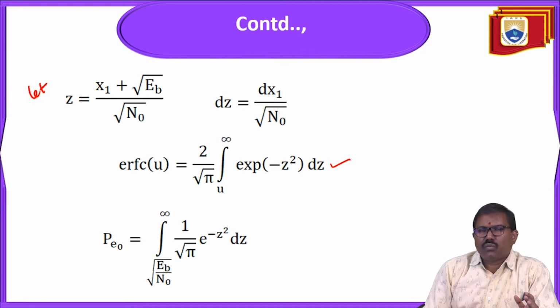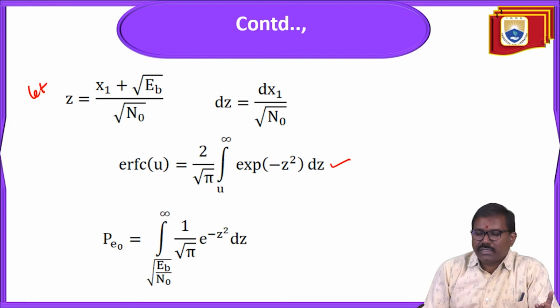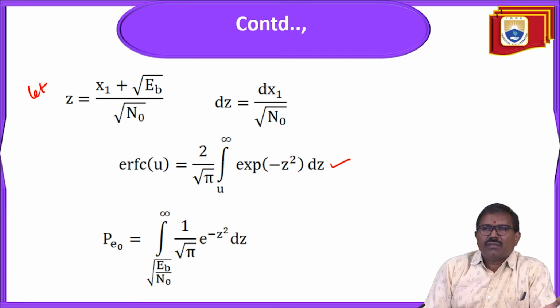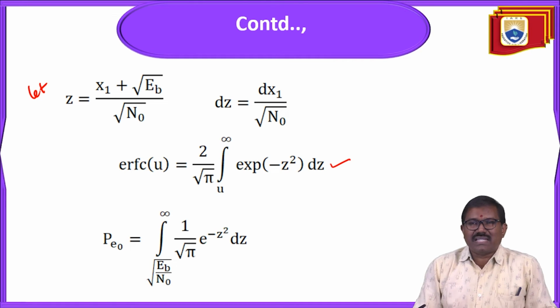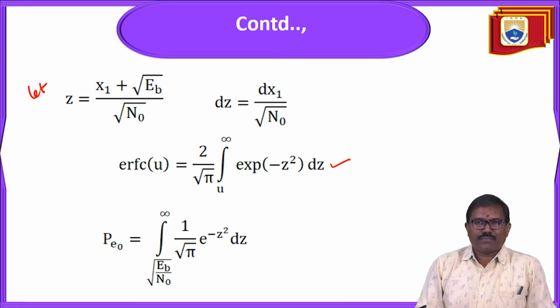And the remaining 1 by root pi e power minus z square. Why? Previously it was written as exponential of minus of x1 plus root Eb by N naught, so we replace that value with z. That's why this changes to exponential minus z square dz.